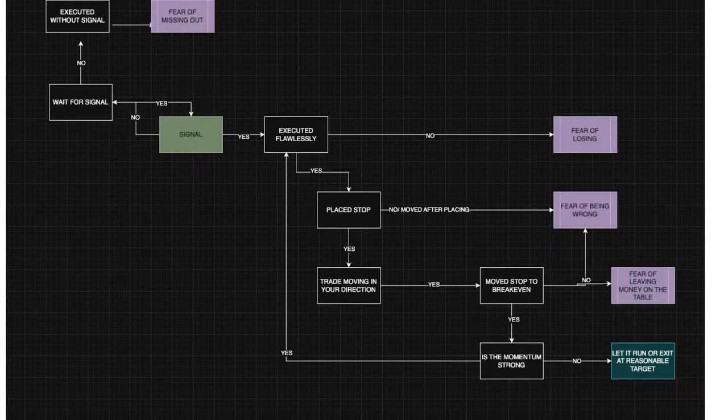We do not know, but what we know is that our strategy has an edge, and as soon as you see that your signal has been triggered, you execute the trade considering the stop loss, adjusting the right position size to ensure that you executed flawlessly. If you're failing to execute flawlessly, that means you have a fear of losing.